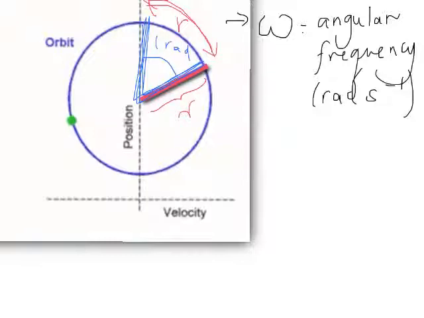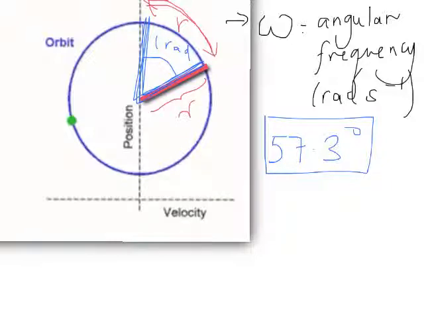So what is a radian? It's a chunk of a circle. And if you had to convert it into degrees, it would always come out to be approximately 57.3 degrees. You don't need to know that, but it might help you visualize it. Most of the quantities that we measure for circular motion and simple harmonic motion, we use the radian.